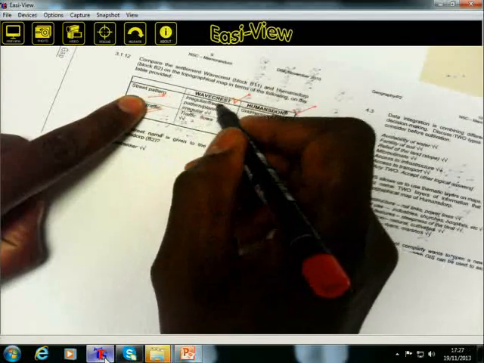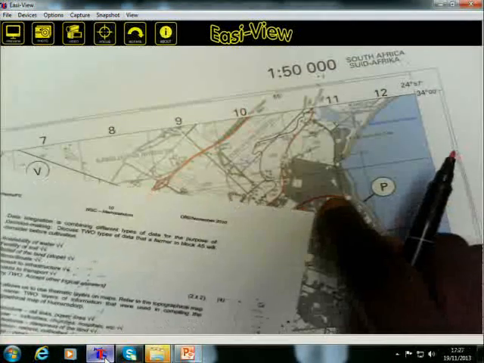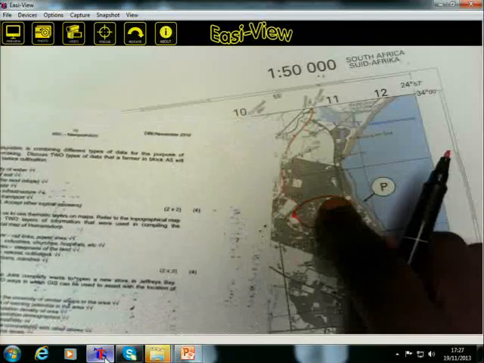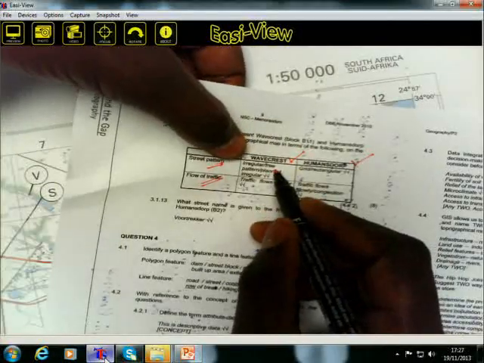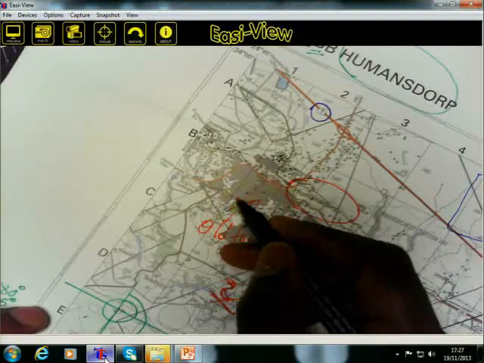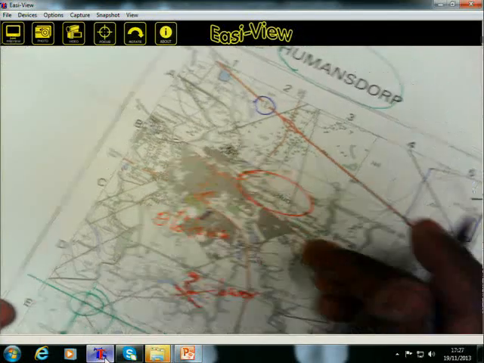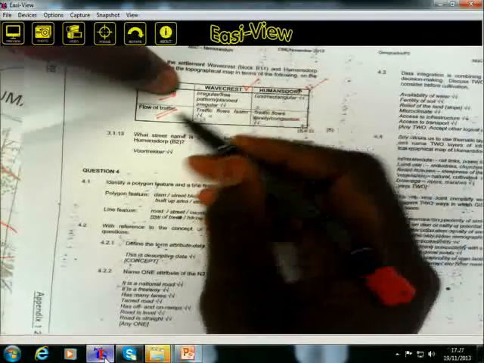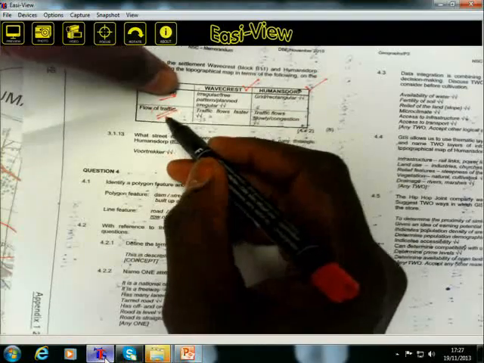Now, if you have to compare the flow of traffic, just like we said, in a street pattern at Wave Crest is here. Which street pattern do you have? It's an irregular pattern. That's why we say you've got an irregular pattern. But look at Humansdorp. Humansdorp is here. What street pattern do you get here? You've got a grid pattern. Second question will say, look the two or compare the two in terms of flow of traffic.